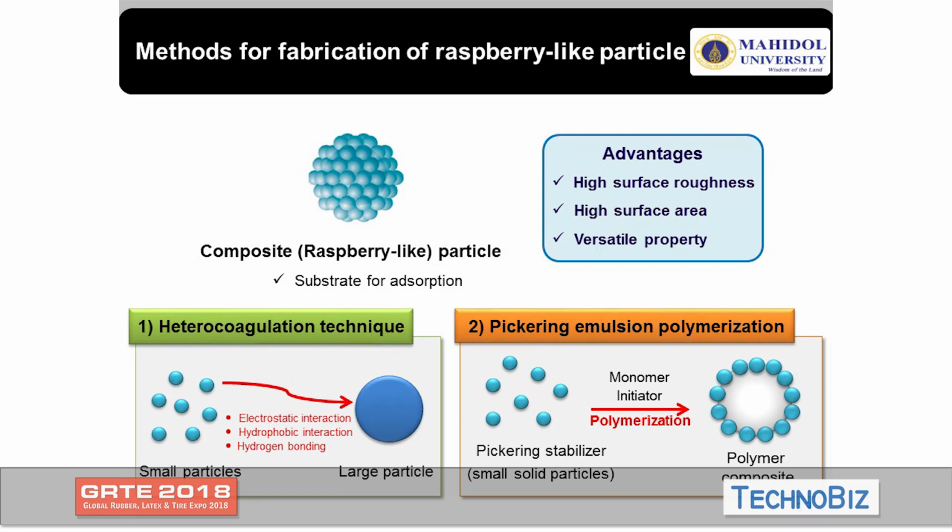And in the second approach, which is Pickering emulsion polymerization, the small solid particles will adhere onto the polymer particles. These solid particles will act as the Pickering stabilizer for stabilizing the polymer particles.